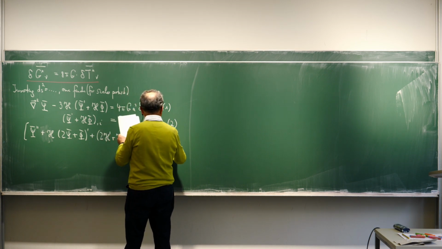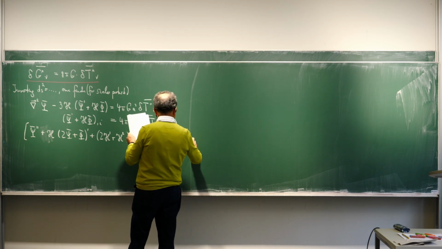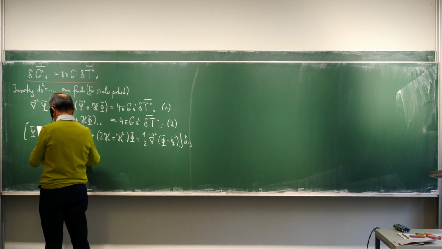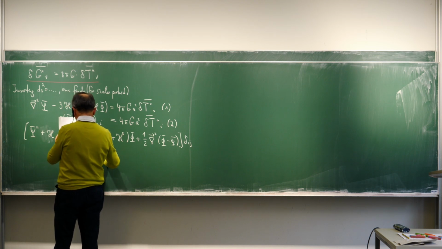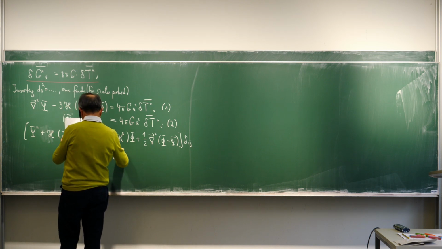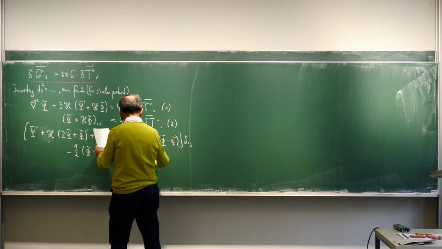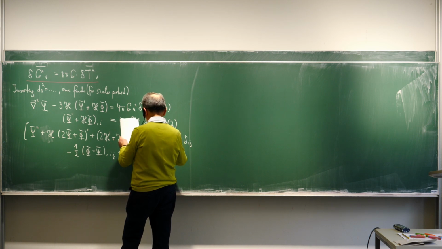Then the difference between the two, delta ij minus 1/2 Phi minus Psi comma ij is equal to minus 4 pi G a squared delta T ij bar.